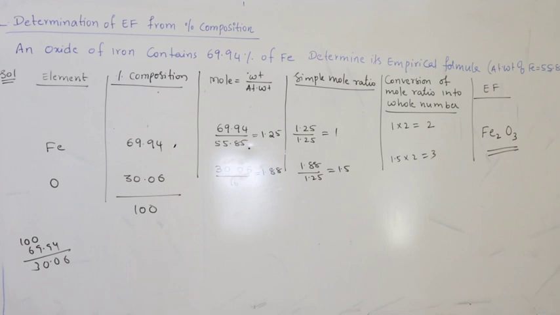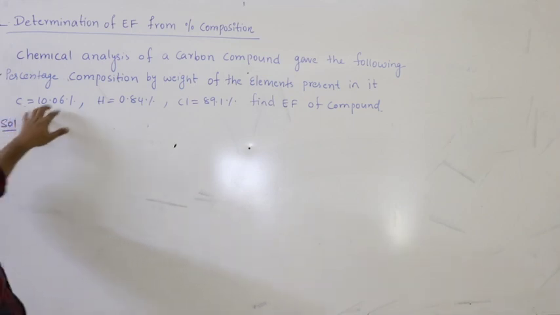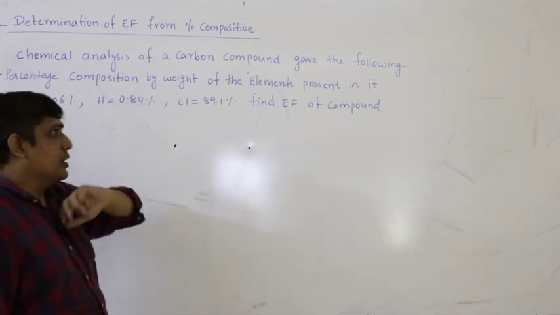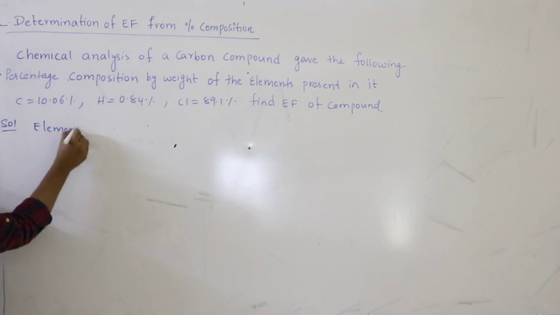Next problem. Chemical analysis of a carbon compound gave the following percentage composition by weight. So this is the weight percentage of carbon, hydrogen, chlorine. Find the empirical formula, right? So first let us write the symbols of the elements.